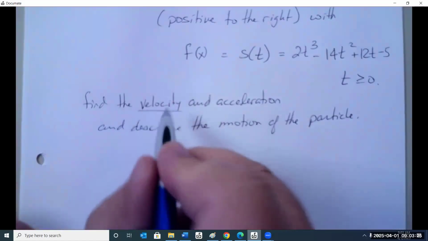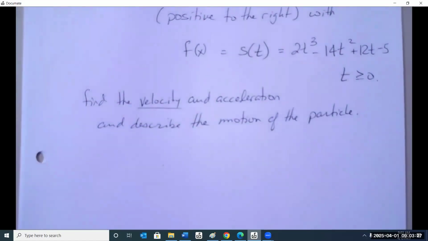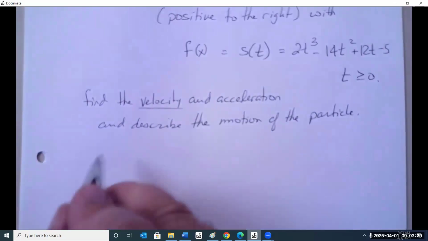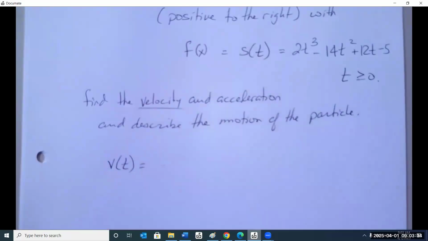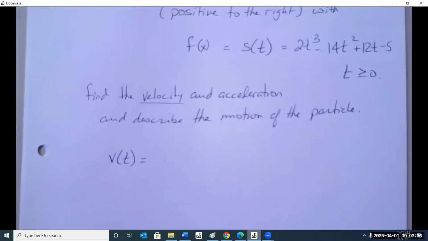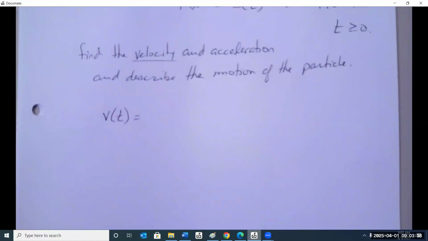So let's find the velocity first. How do we find the velocity? Anybody?